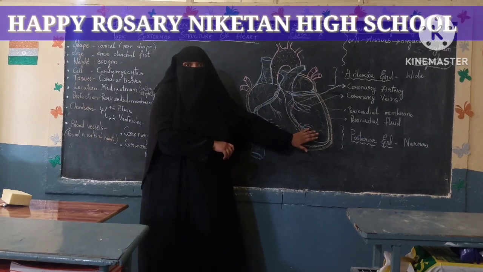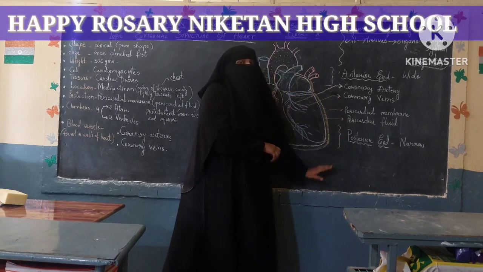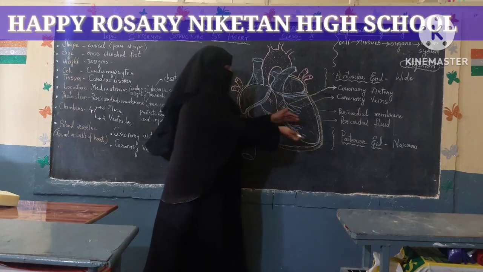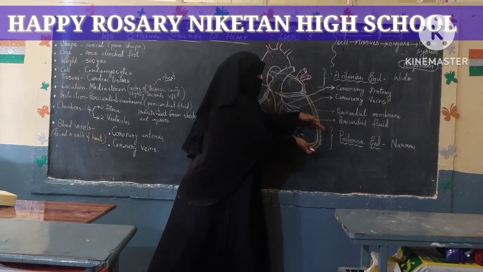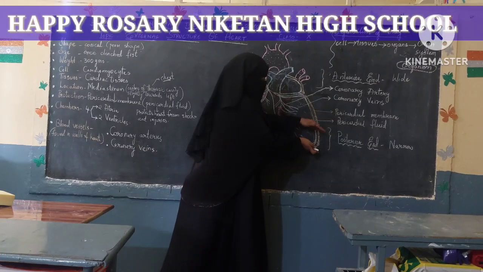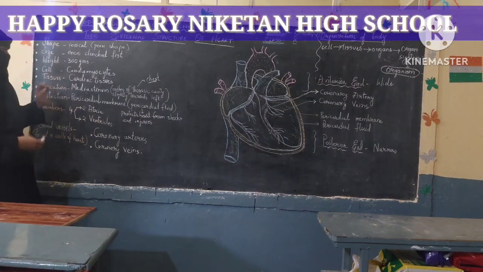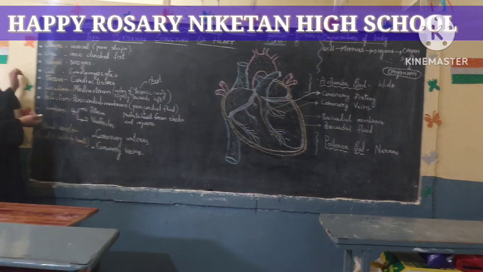That is the reason why the left lung is slightly smaller than the right lung, because the basal part of the heart is slightly towards the left of the thoracic cavity.